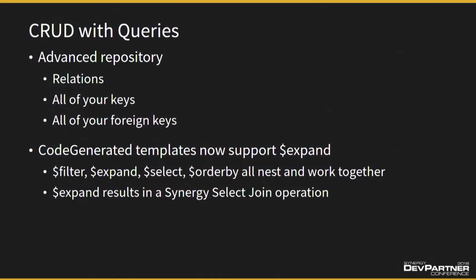You have expand support, which is that sort of select join through a RESTful Web Service. Select says, I only want these certain fields, and I don't need to transmit all of the other data. So that's helpful for performance. And order by, so you can choose how the returned results get ordered.